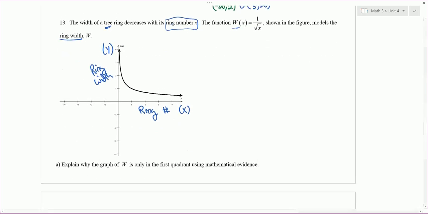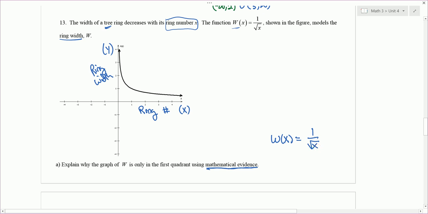So explain why the graph of W is only in the first quadrant, first using mathematical evidence. When we talk about mathematical evidence, we're not talking about context. So don't use the word ring, ring width. Go straight to that equation. So W of x equals 1 over square root of x.